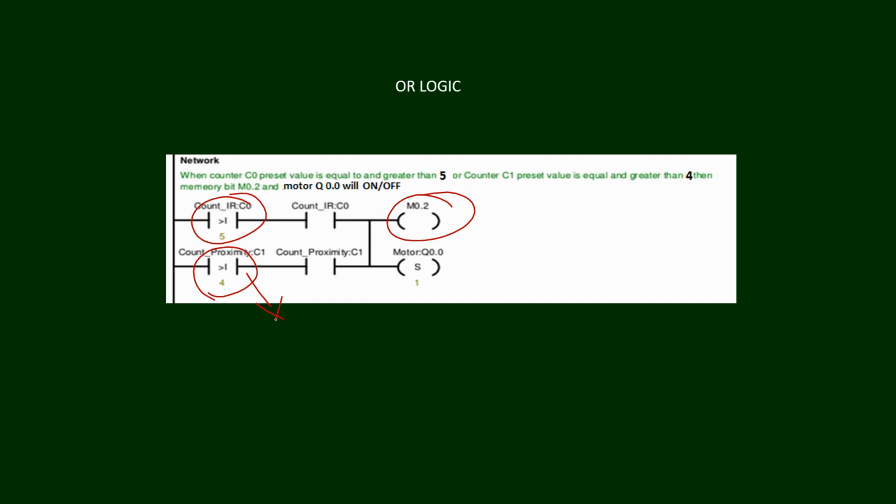So anyway it will come, so we have to count both metallic and non-metallic. Here we have given the IR sensor limit as 5 and the proximity sensor limit as 4. Proximity is for the metallic and IR sensor for the non-metallic. Then after that we have to turn the motor in reverse direction, or even we can switch off the motor. So both are possible.